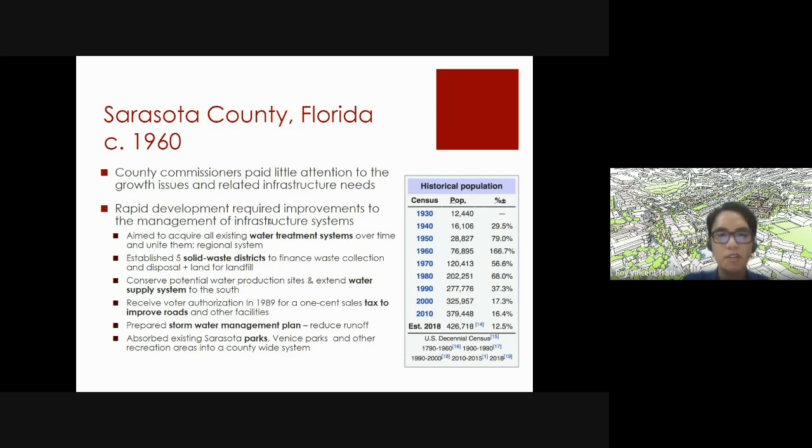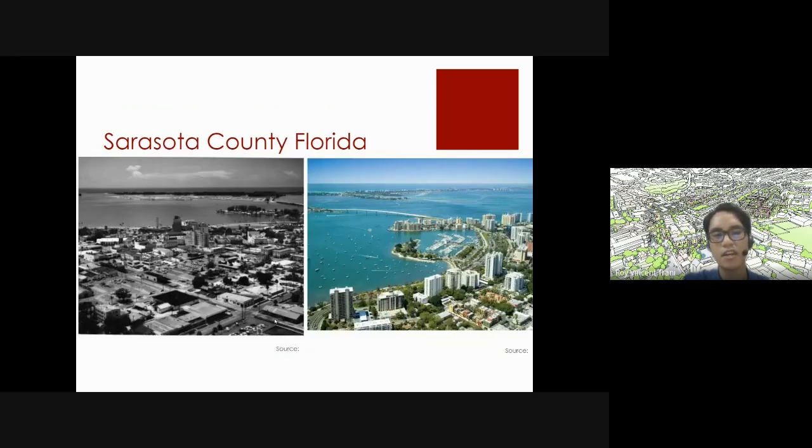Rapid development required improvements to the management of infrastructure systems, water treatment systems, solid waste districts, water supply, etc. Because their government working together with local experts was able to manage growth, you can see that Sarasota today is probably one of the better looking American cities. Over here is an image from, I think, the 1970s. I forgot to put down my sources, and this is a city.